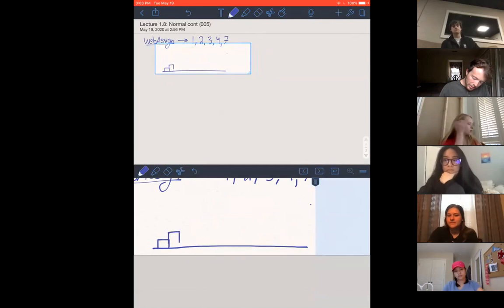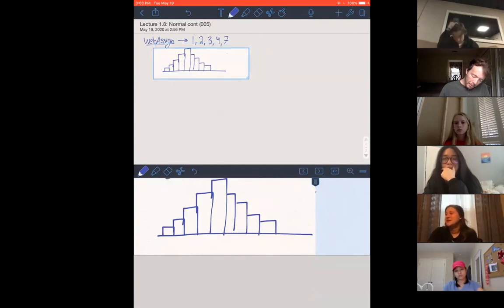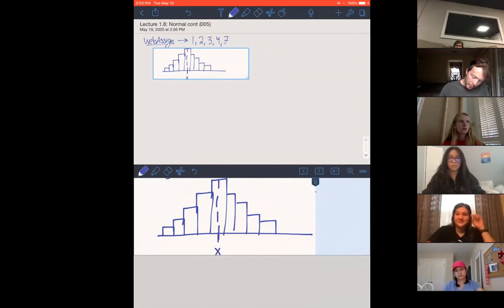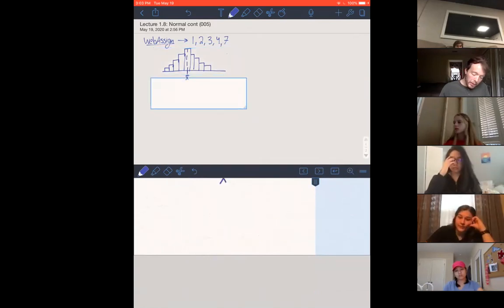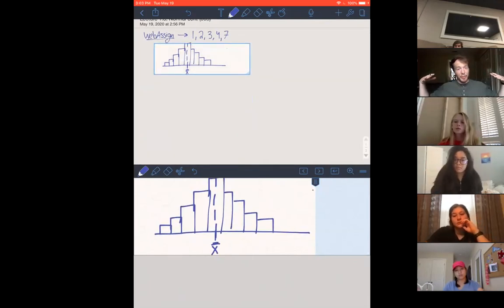So I observed a bunch of data and I got a histogram, something along the lines of this. And in my histogram, my mean, my X bar, is right here smack in the center. Standard deviation is an expression of how spread out all of the values other than the mean are.